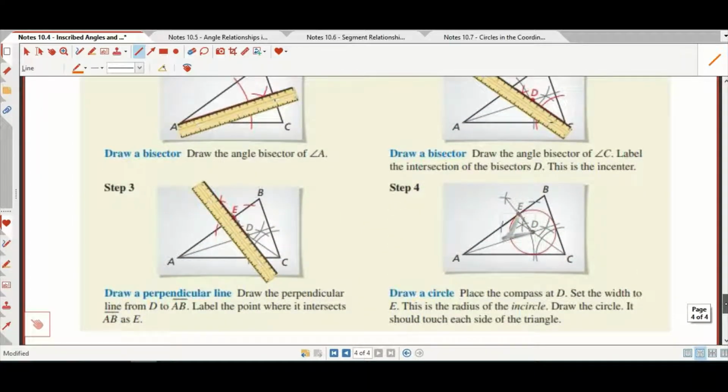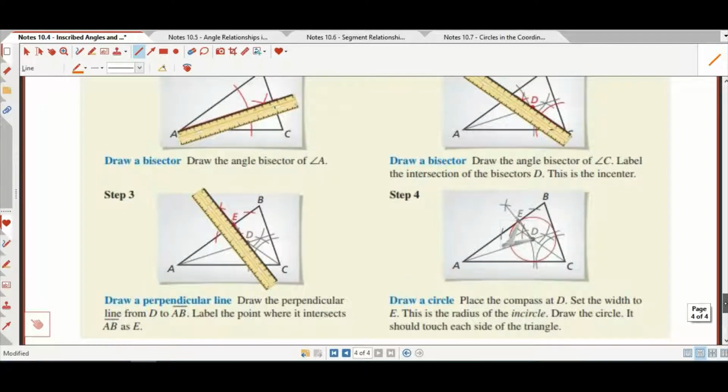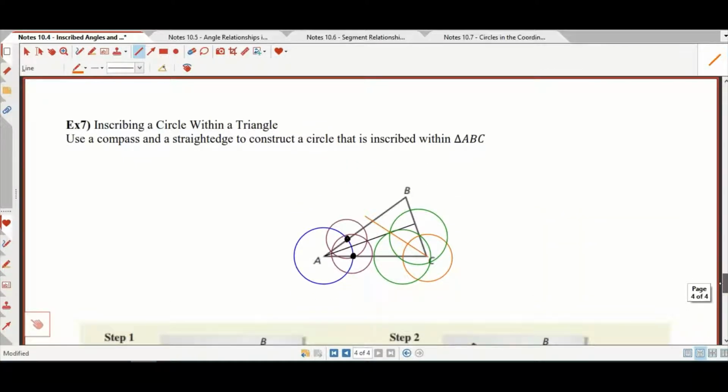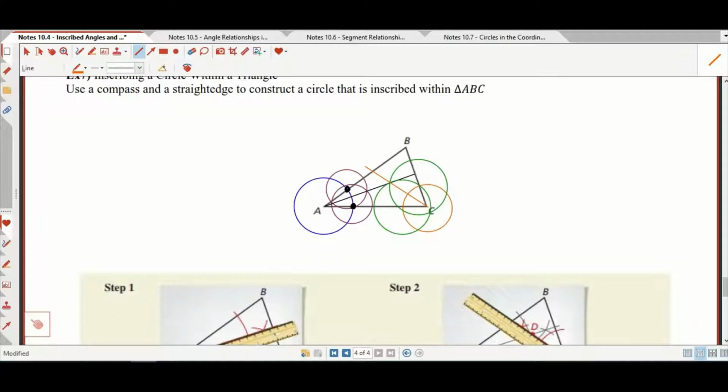Now we're going to draw a perpendicular line from D to AB. From D, so we're going to call this new point D. I'm going to draw a perpendicular line to the other side, which is going to be done like this.